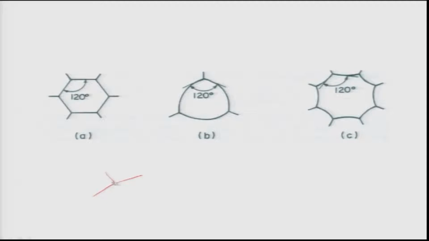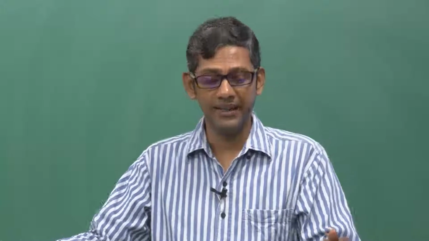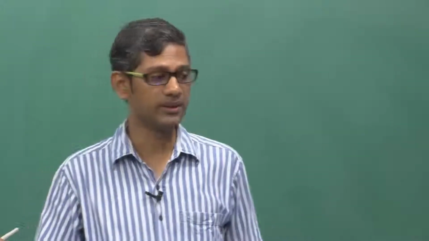Let me draw it properly. This angle must be 120 degrees. That is the equilibrium angle, and using Lami's theorem one can show that, because the energies of these boundaries must be in equilibrium, that is only possible when the angle is 120 degrees.